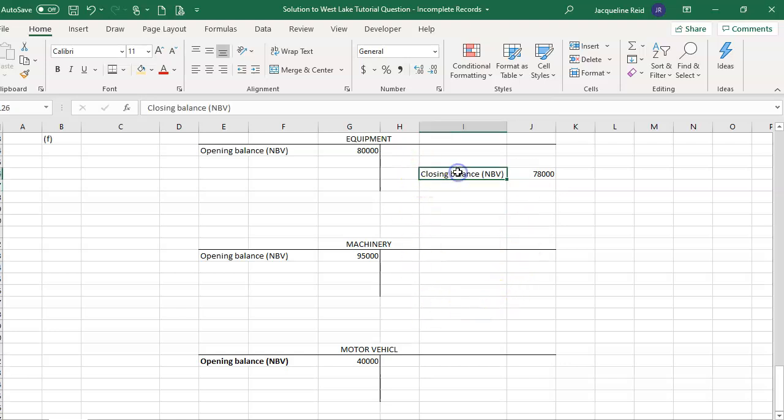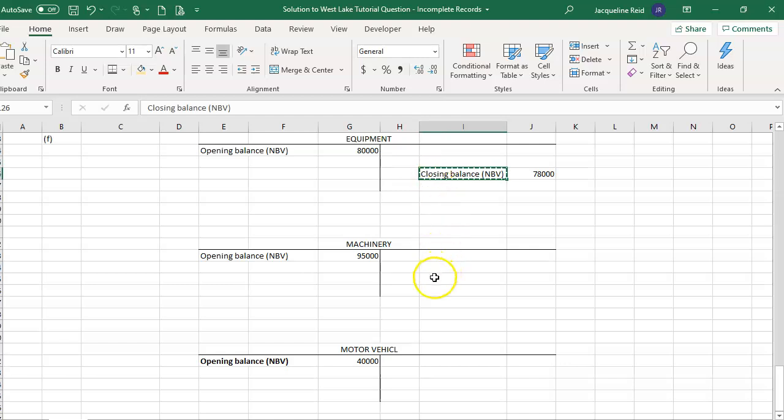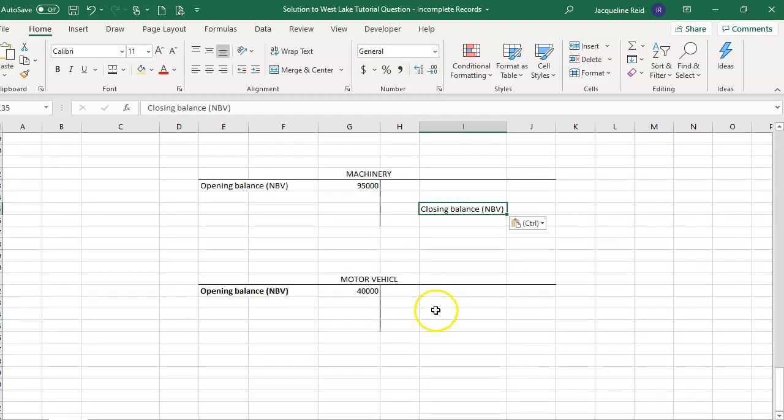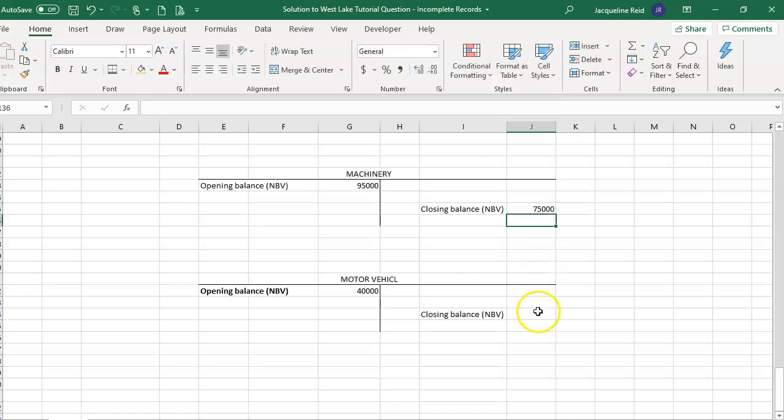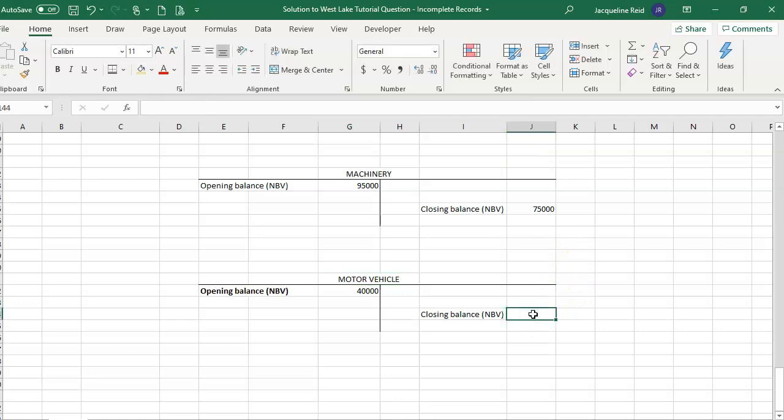For machinery, the falling value is $75,000. And for the motor vehicle, which is spelled with an E at the end, that closes with a value of 36,000.